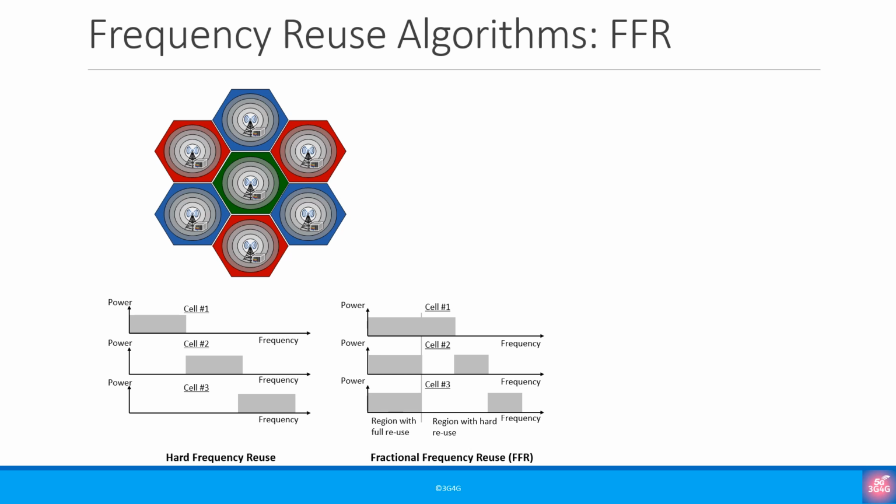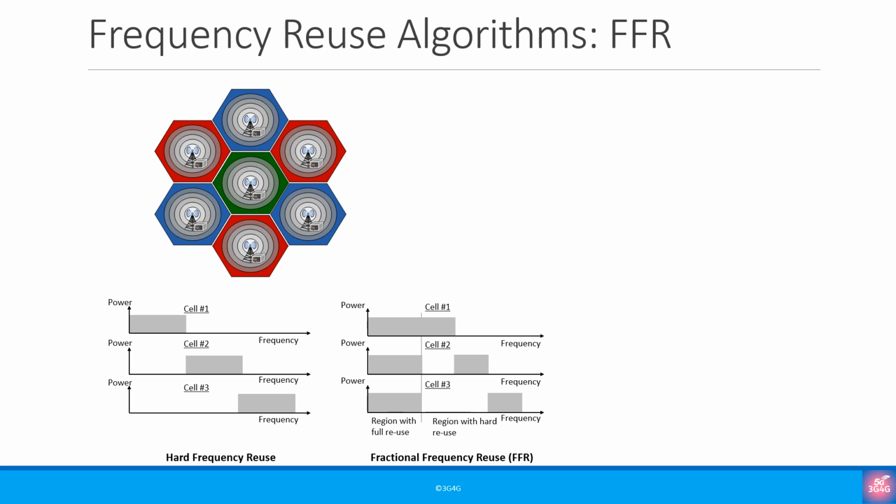This is in literature the most popular and basic approach. All vendors implement an advanced version of this, which is generally proprietary and the secret sauce that differentiates the vendors. This consists of dividing the spectrum into two parts, which will have different frequency reuse.